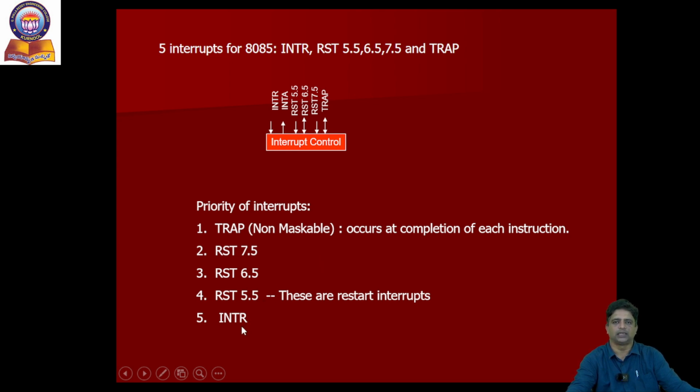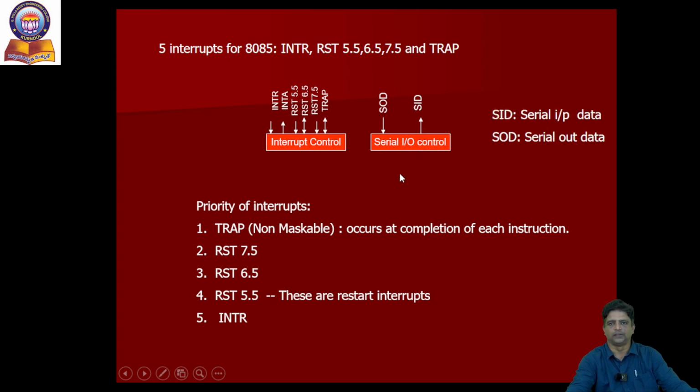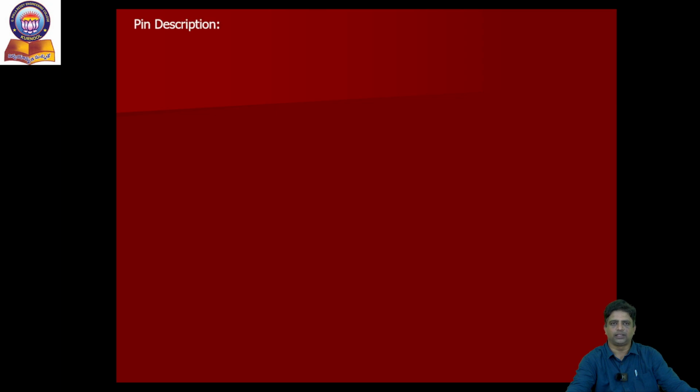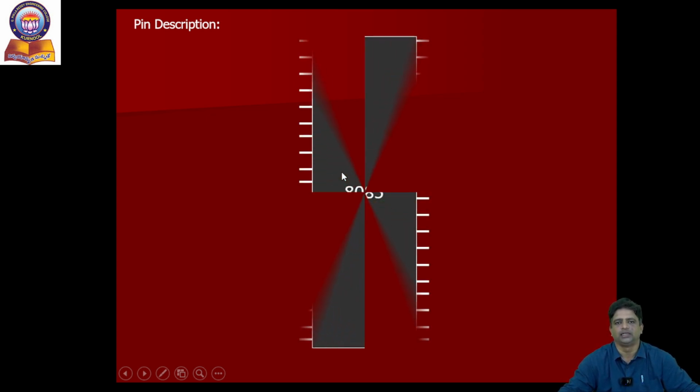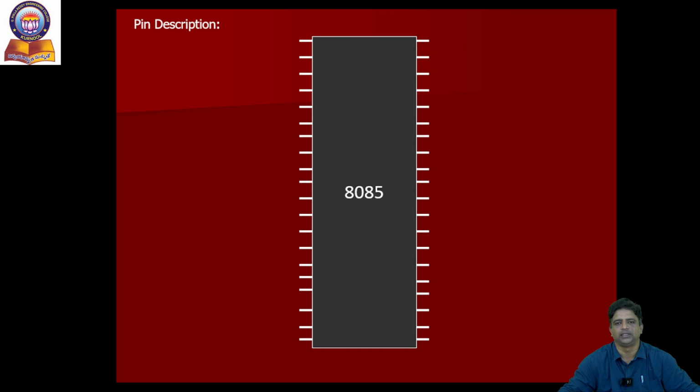INTR. Another such block in continuation is the serial IO control block. SID, serial input data, SOD, serial output data, and similar names we can see with respect to the block. If we club all these blocks in a box and consider it as an IC, we can see the pin representation of 8085, which is a 40 pin dual inline package.